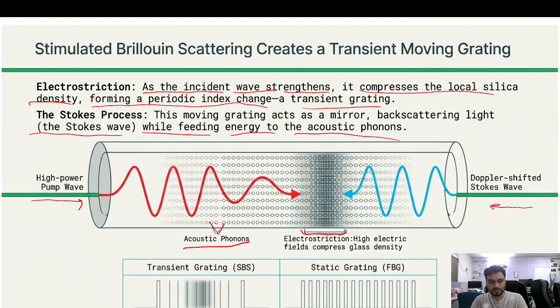You can see here these acoustic phonons, and because of that the transient grating is electrostriction based, which will affect the sensing ability. The best thing is that a static grating, an FBG, can resolve these kinds of issues created by the transient moving grating.